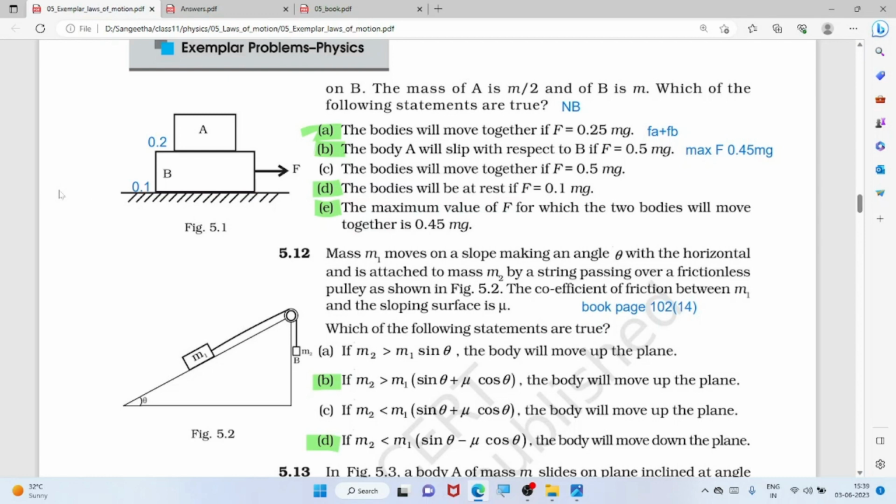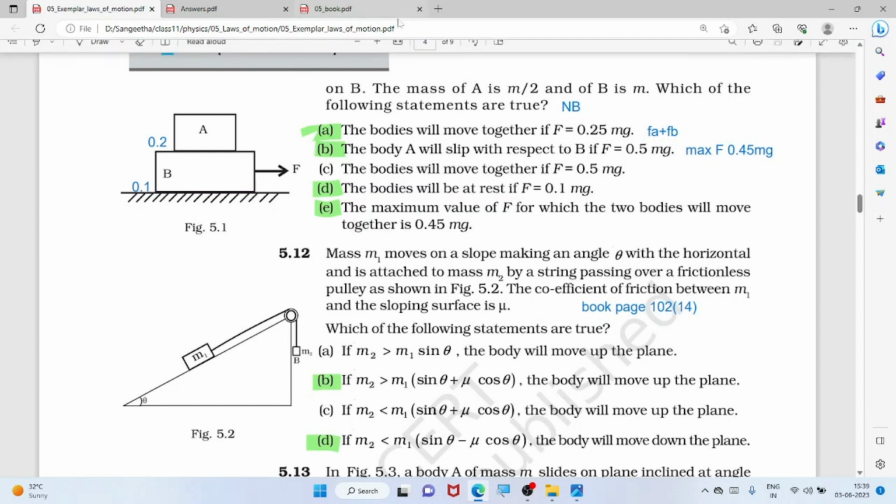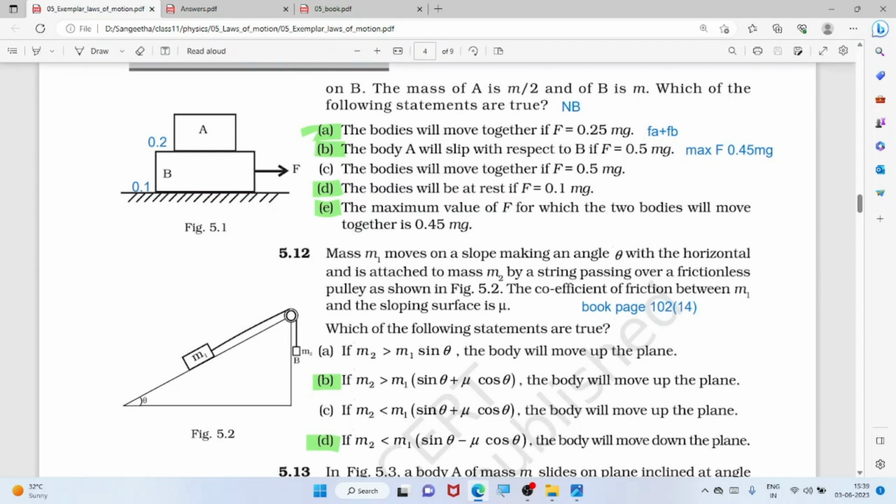The mass of A is m/2, mass of B is m. Which of the following statements are true? Okay, there is a frictional force Fa, so the bodies will move together if the force is greater than or equal to these two forces.